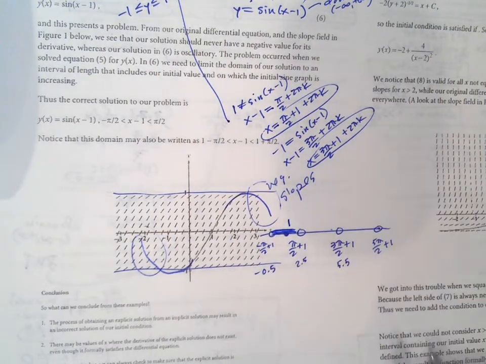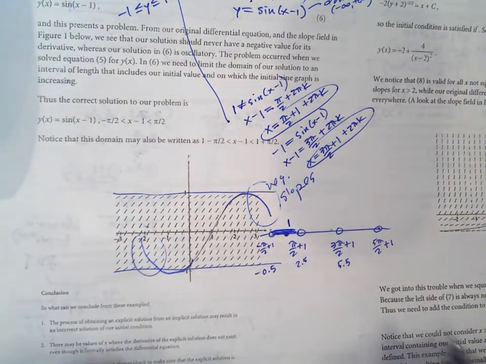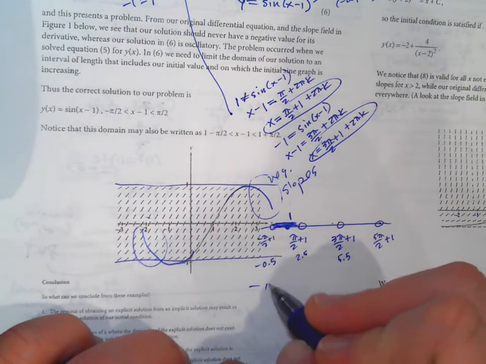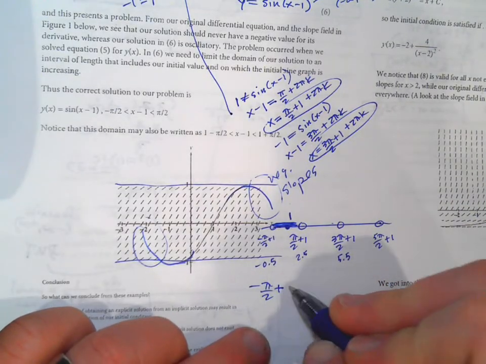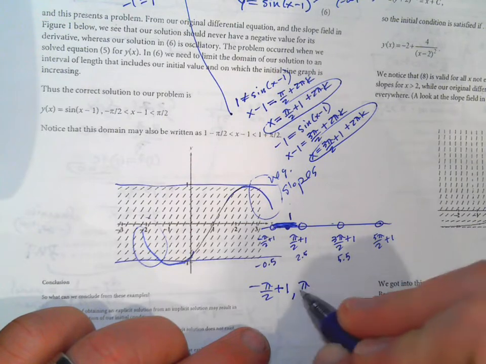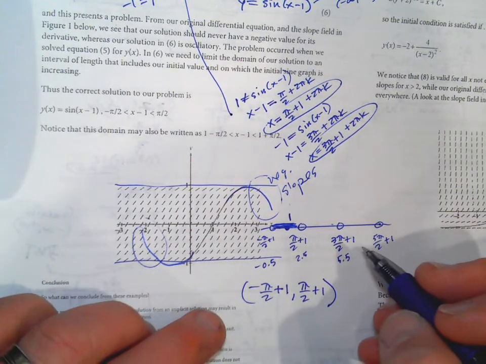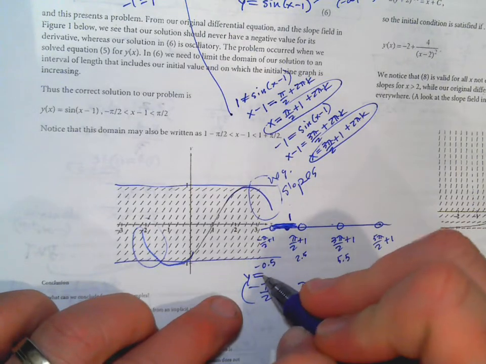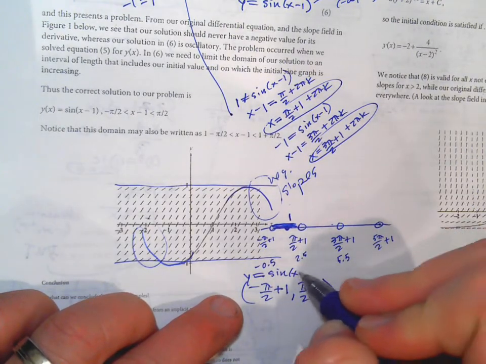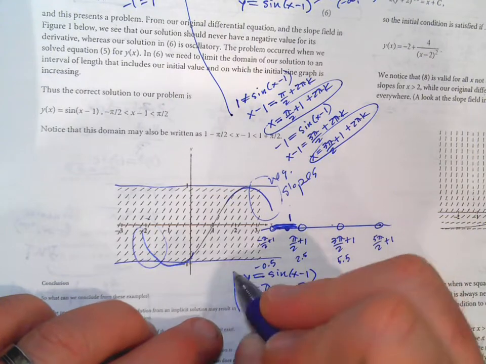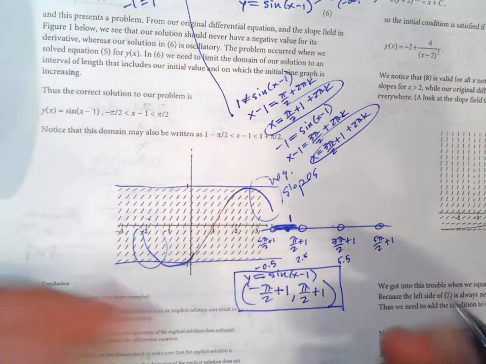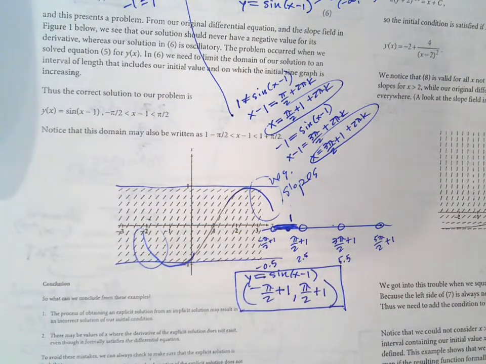So our domain is going to be negative pi over 2 plus 1, comma, positive pi over 2 plus 1, open interval. So our final answer, y equals sine of x plus 1, didn't have any domain issues, but because of the derivative that this came from, we have to restrict the values.